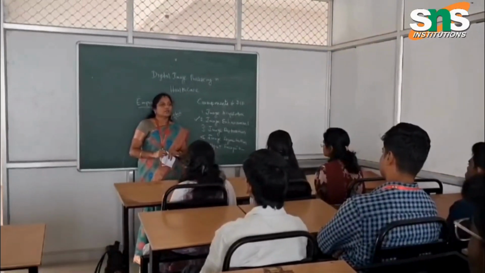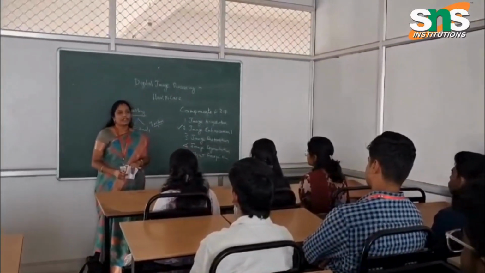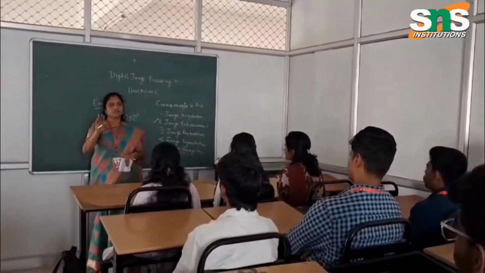Okay. So can anyone summarize today's points? Today's topic. Yes, we discussed 5 components in healthcare. So first is image acquisition, that is capturing the image from the sensor or any kind of device. And next is image enhancement, that is clear vision of the image.